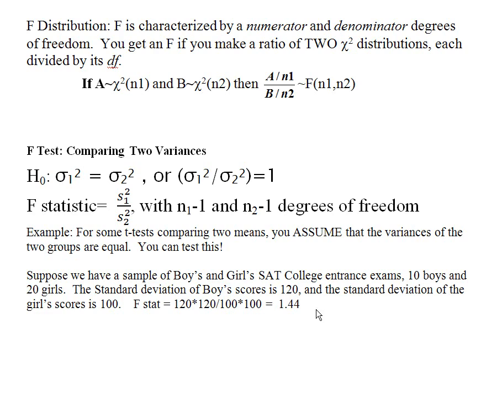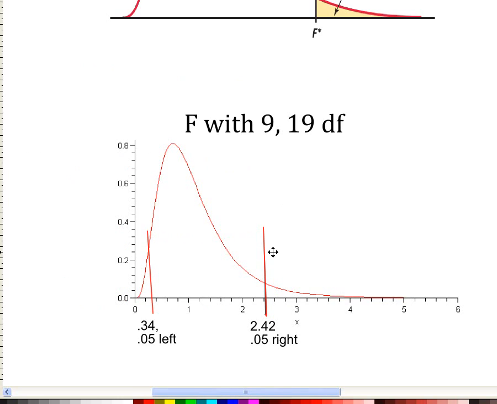Okay, I get 1.44 is our F statistic that we want to compare to those F criticals to see what we get. And so let's bring up our graph again and see where that falls. 1.44 is somewhere toward the middle, close to 1.